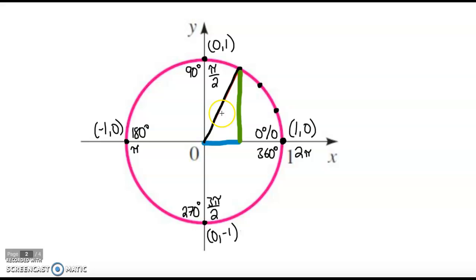My hypotenuse, you actually already know the length of, because as we talked about in the previous video, if I draw a line from the origin of my unit circle to any side of the unit circle, to the outside of the unit circle, automatically those have a radius of 1. So I already know that my hypotenuse length is 1 here.